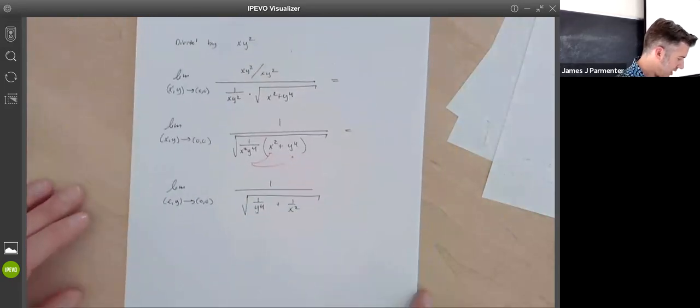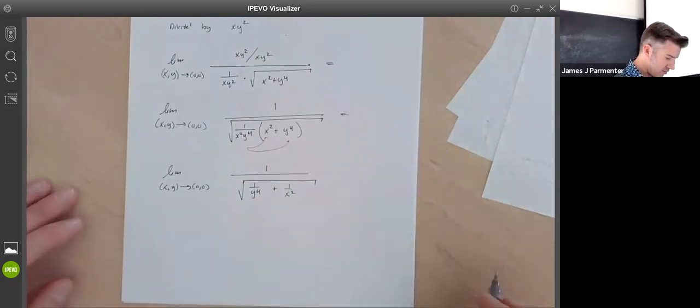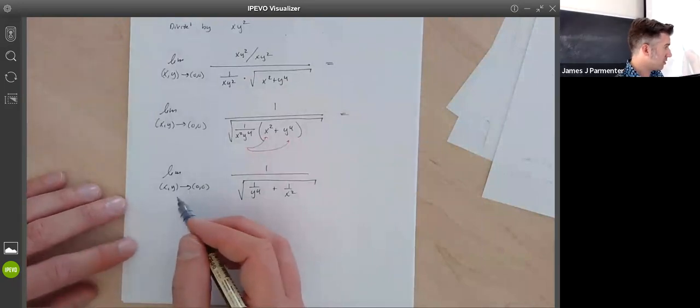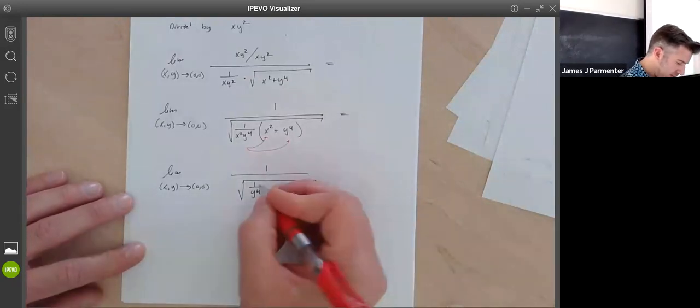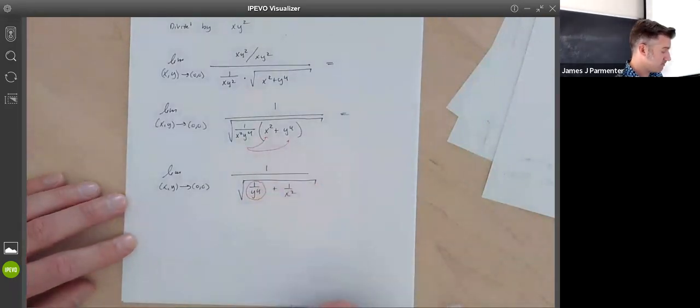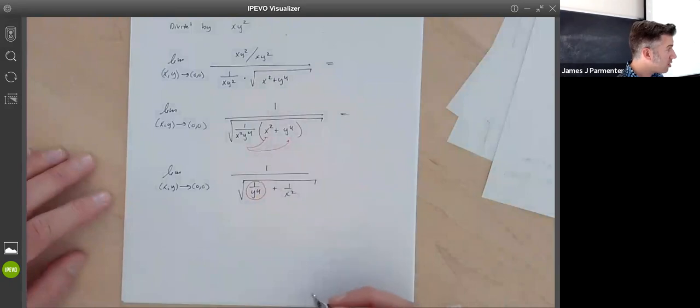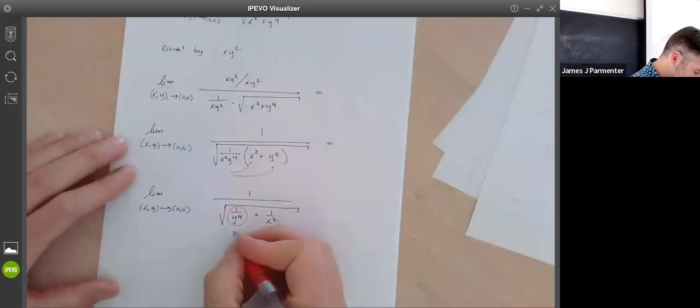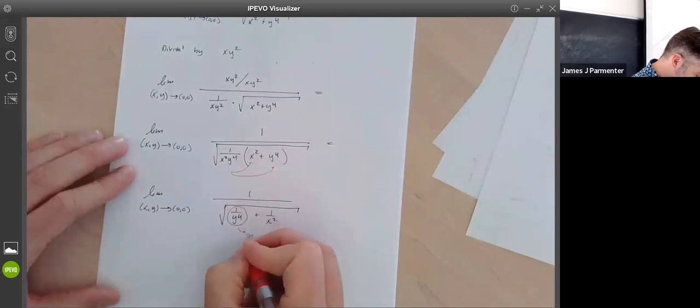And now we have to ask ourselves what's happening here. Well, as x and y both get really, really small, closer and closer to 0, what's going to happen to 1 over y to the 4th? It's actually going to get bigger, right? Because we're dividing by a small number, so it's getting really, really large. So this is going to go to infinity.